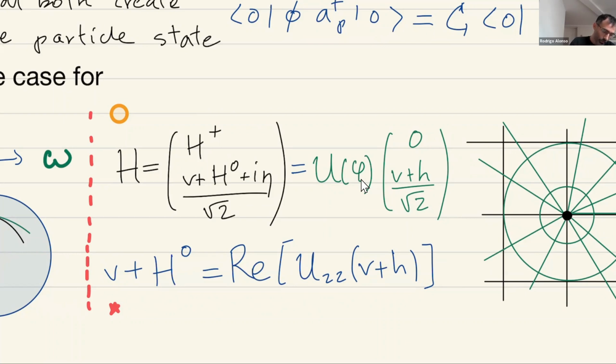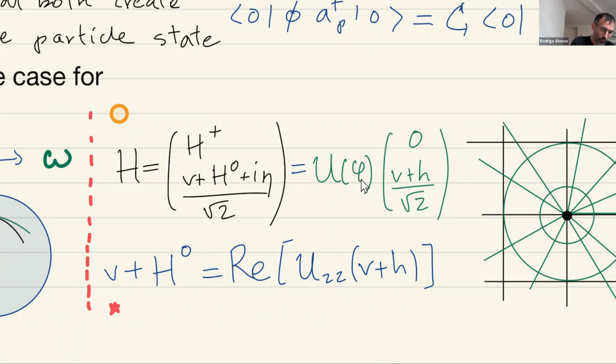But if we just look at the LSZ reduction formula, we will get that this definition tells us the real part of the Higgs doublet, which is to say the VEV plus H0, is just the real part of the second entry of my unitary matrix times V plus H in that notation.